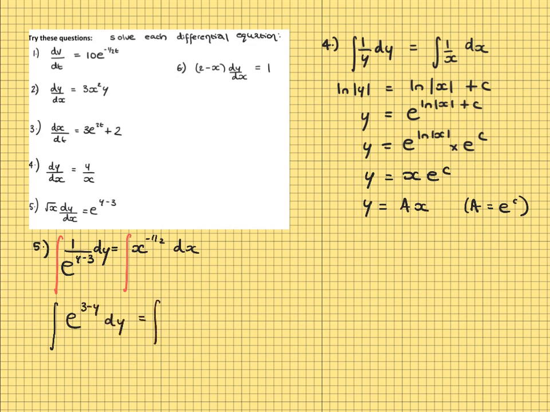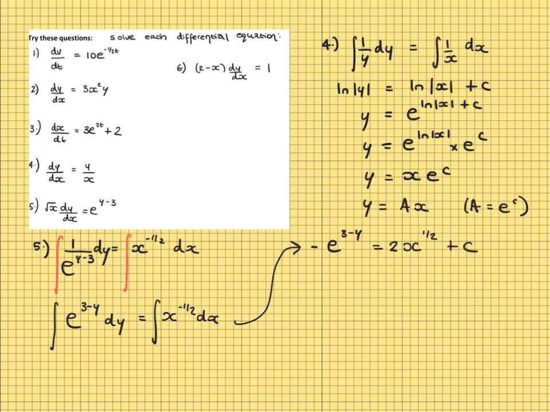On the right hand side we simply still have x to the negative a half dx. Now integrating both sides, I'll do the working up over here, that gives us negative e to the 3 take away y equals 2x to the power of a half plus c.